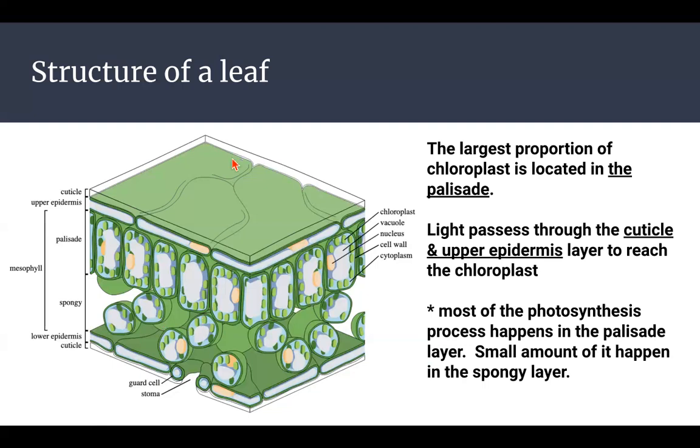You can see it here. So that means if not all the sunlight is captured by the palisade layer, then some of the sunlight is getting through. The spongy layer still has the ability to capture the rest of that sunlight and use it for photosynthesis. So a small amount of photosynthesis does happen in the spongy layer.